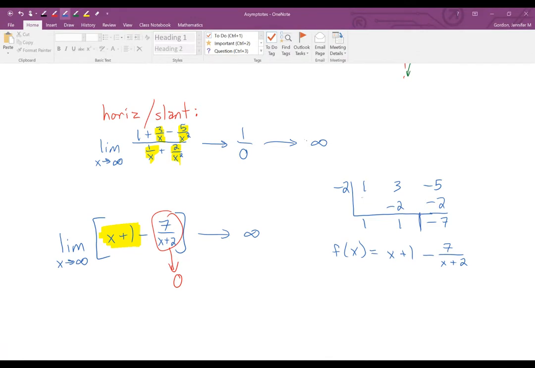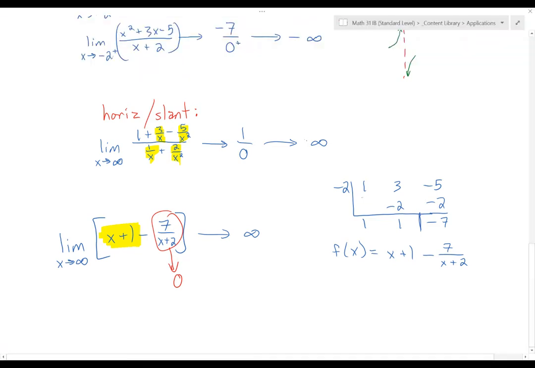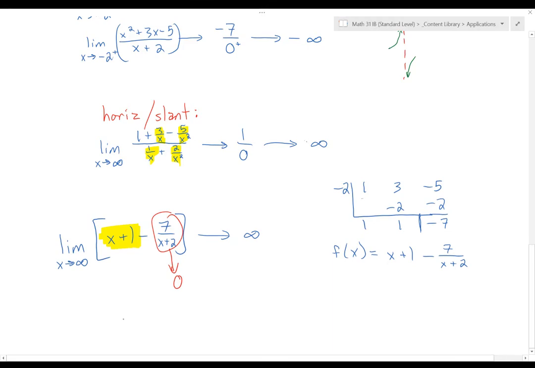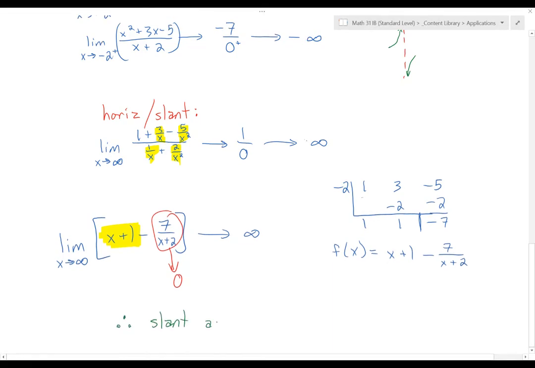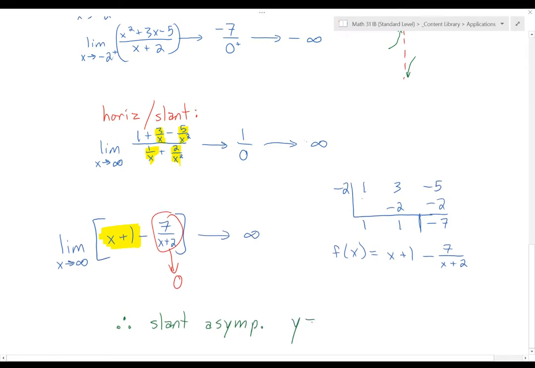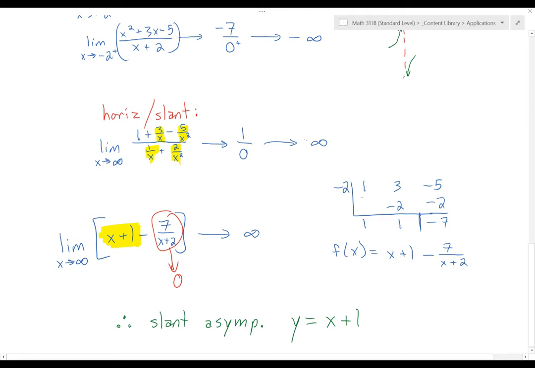So this function becomes more and more flat or straight as we get closer out to infinity. And that actually is true on the positive side and the negative side. So what we have is a slant asymptote of y equals x plus 1, because this curve starts to basically resemble that straight line as we get further out.